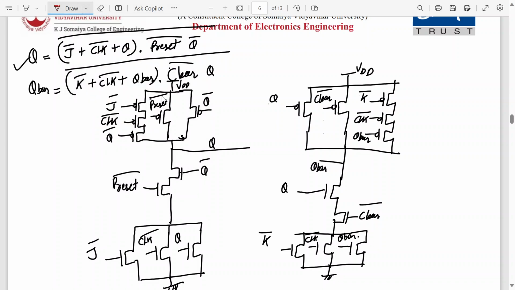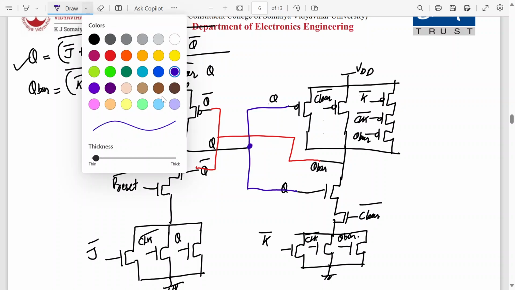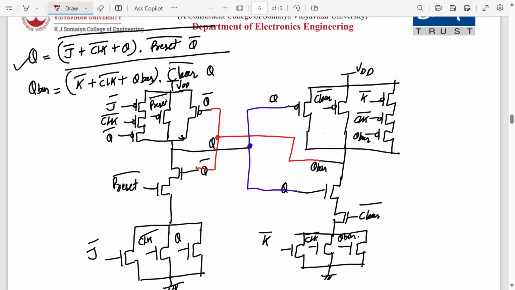Now Q bar, I'll connect them together. This is Q bar and this is Q bar, right? Then the blue one will be Q. Any other mistakes, please check it, because I'm doing it live, so I may make a reading mistake, but this is the design. Sorry for the untidiness, but I'm doing it fast, that's why it's coming this way.